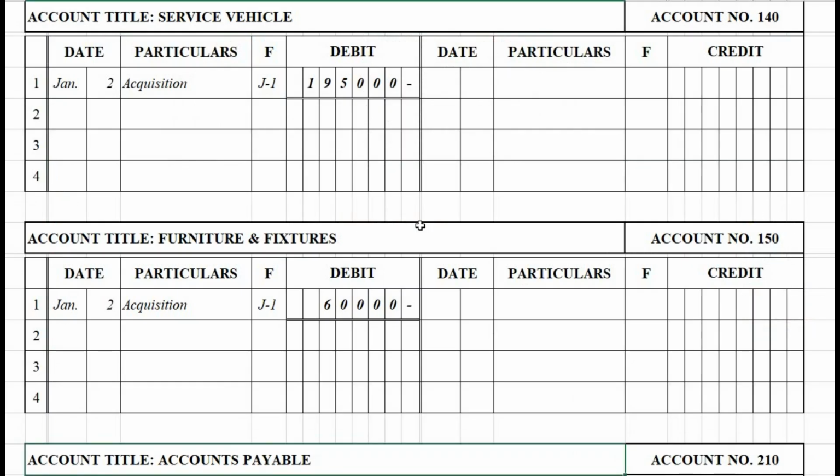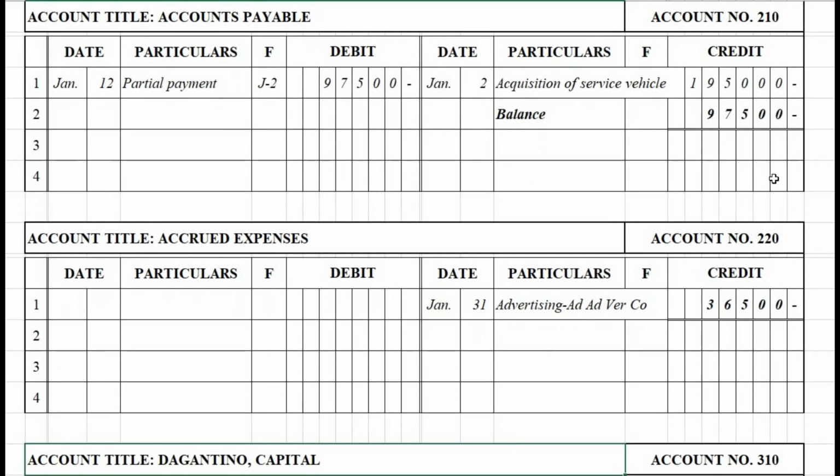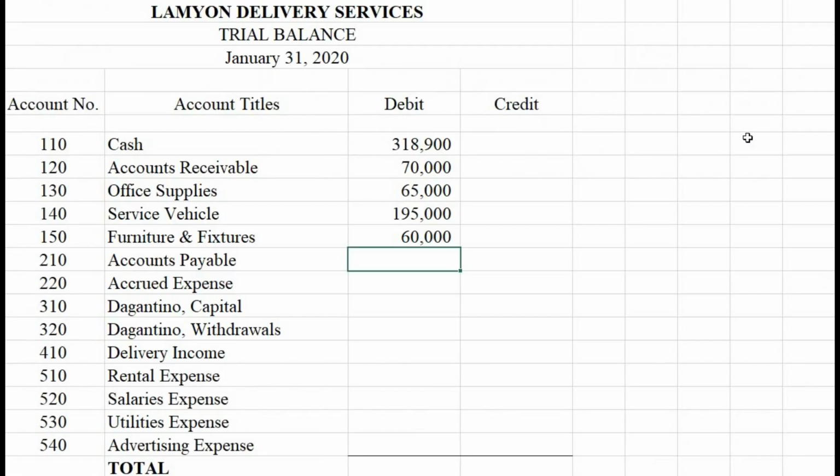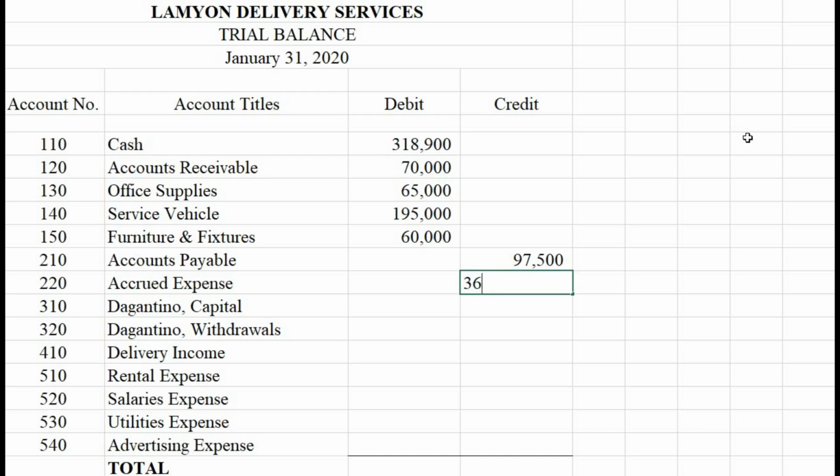Okay? Now for our accounts payable, our balance is a credit. Take note. That's 97,500, so we transfer it to the credit side. Then we have accrued expense, which is 36,500.